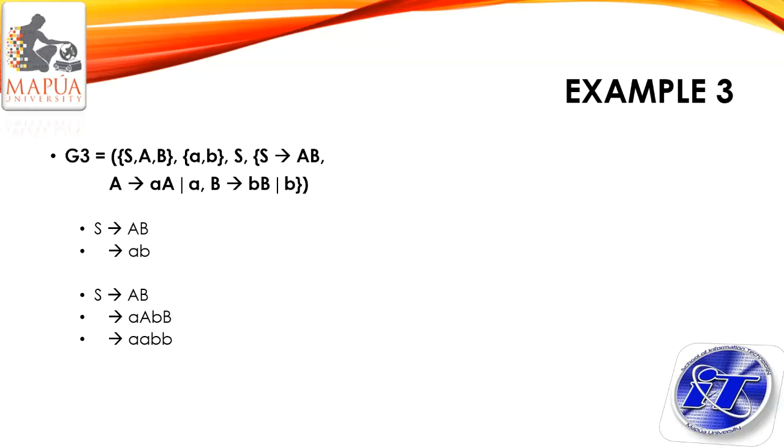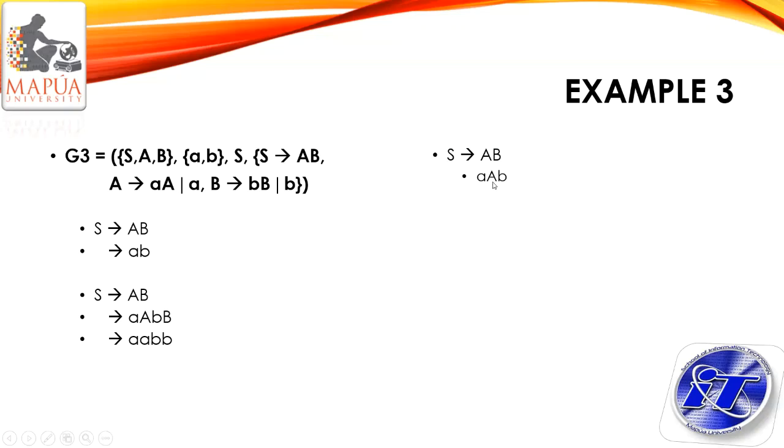Third example. Again, the start symbol yields capital A, capital B, and we could apply the two options for capital A and capital B. It's up to you. For me, I'm going to replace A by the first option, small a capital A, and the second option for capital B, small b.